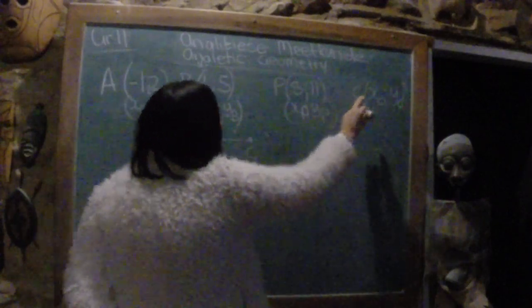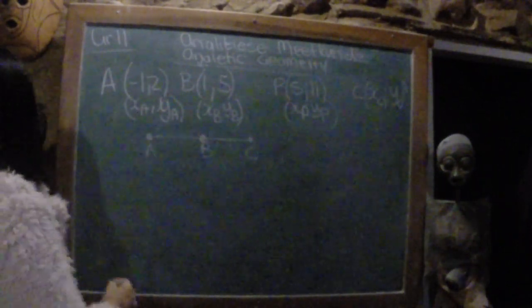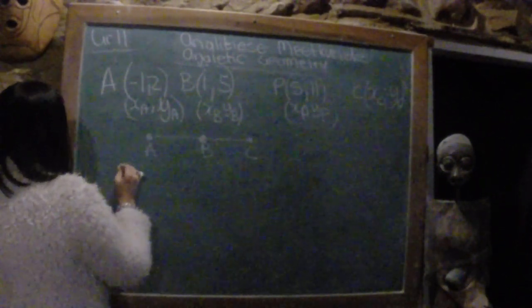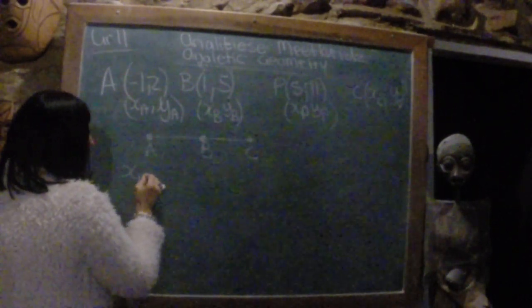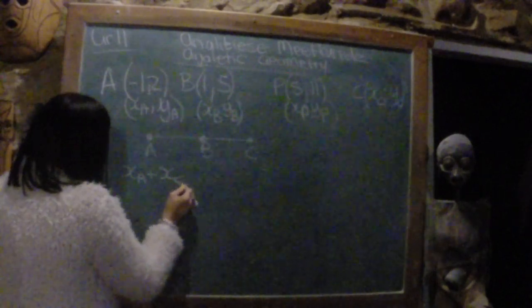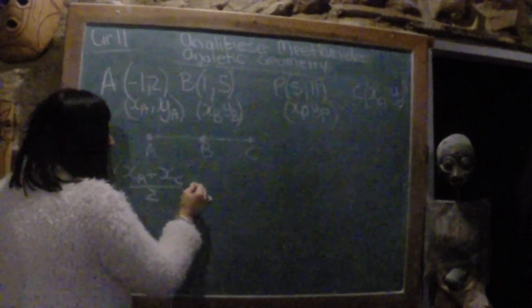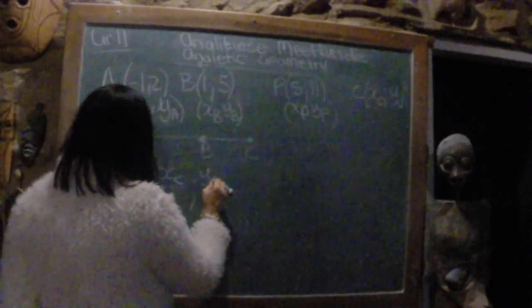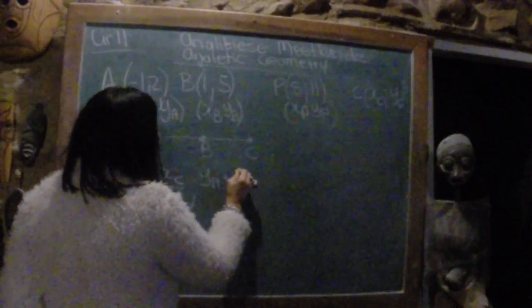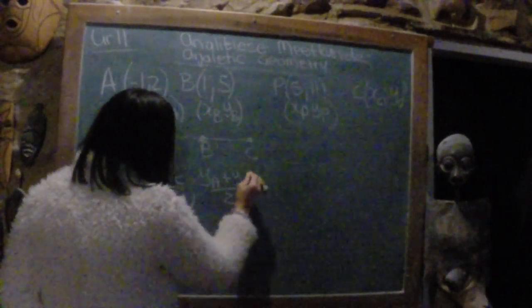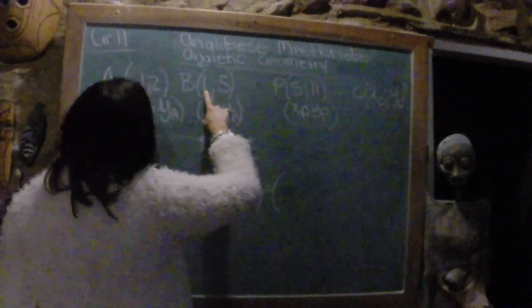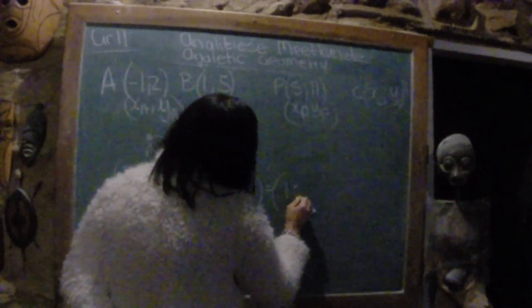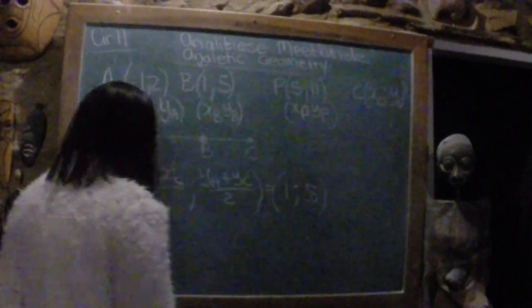So die vraag is, as B die middelpunt is, bepaal die koördinaat C. So if I get the midpoint by taking the x coordinate of A and C, dividing it by 2, kry die som van die y-koördinate van A en C, deel deur 2, dan moet dit gelyk wees aan 1,5. Dis die middelpunt, dis B.